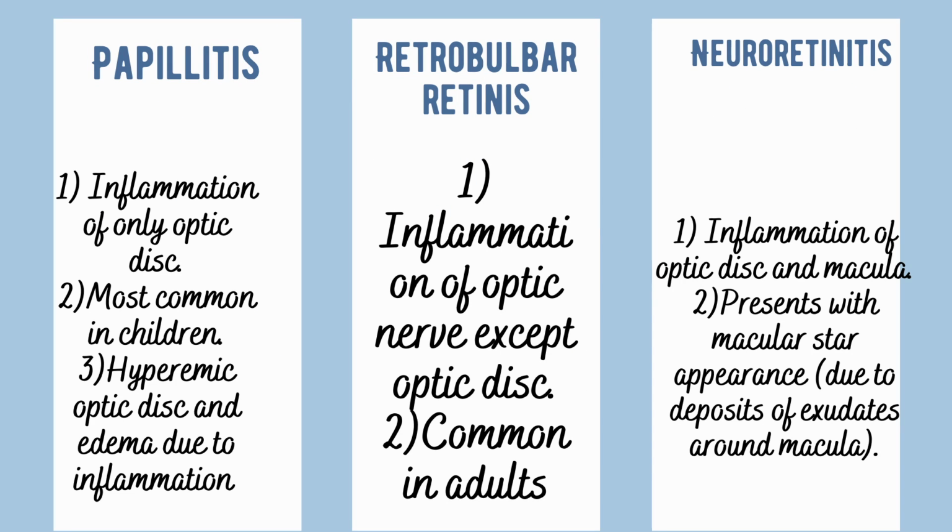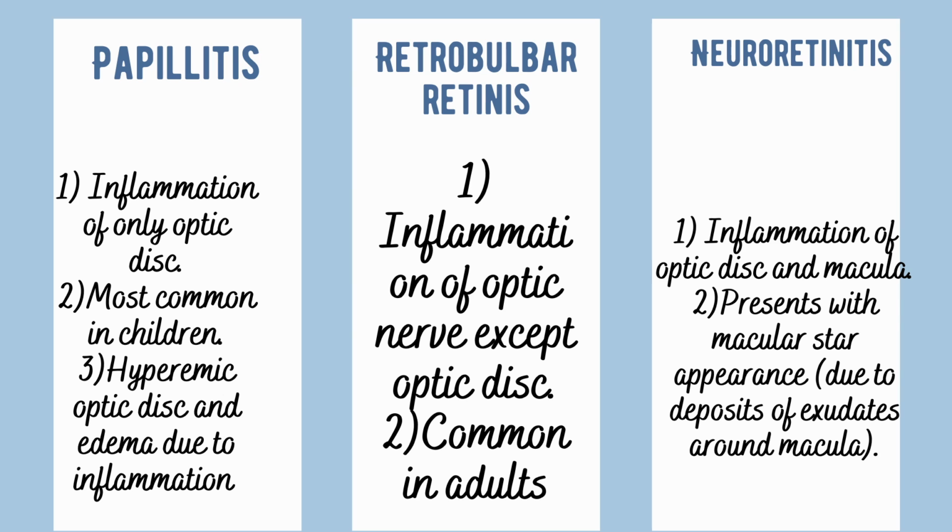Now we have this slide which is showing a comparison between all the three types of optic neuritis: papillitis, retrobulbar neuritis and neuroretinitis. In papillitis, there is inflammation of only the optic disc, seen in children, and a hyperemic optic disc and edema will be seen due to inflammation. In retrobulbar neuritis, there is inflammation of the optic nerve except the optic disc, and it is seen in adults. Since it is behind the optic disc, the doctor cannot see anything.